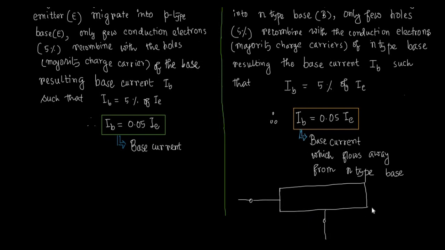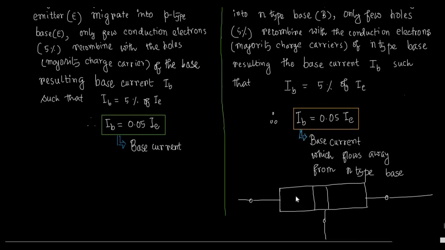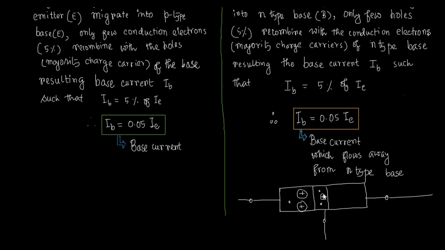If we draw this PNP transistor, we can denote the majority charge carriers, that is the holes in p-type emitter. Conduction electrons are the majority charge carriers in n-type base. We can denote emitter, base and collector terminals.